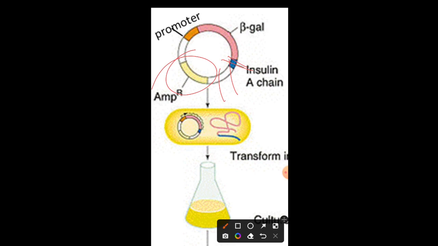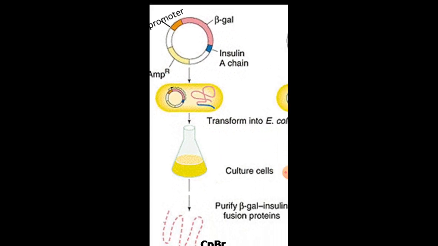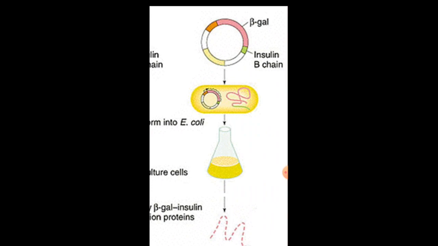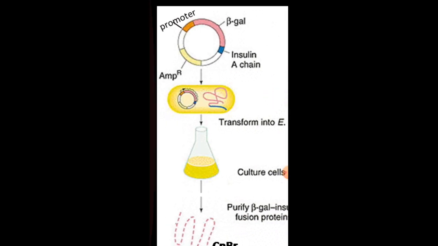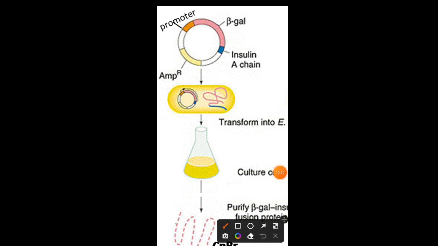In a similar way we will also produce the insulin B chain containing recombinant vector. After the construction of the vector, we will transform them with a standard transformation technique.